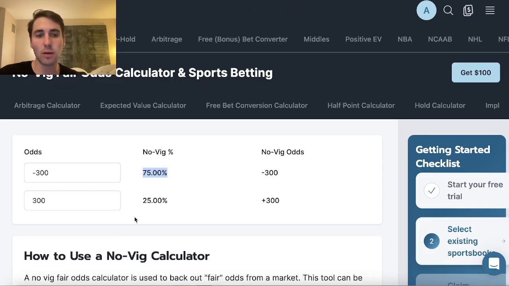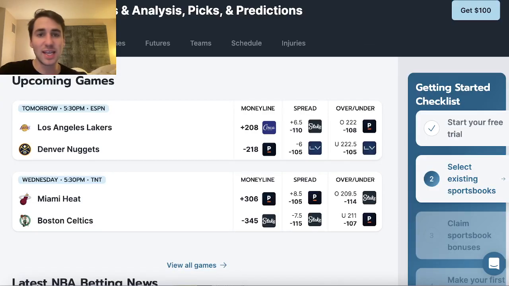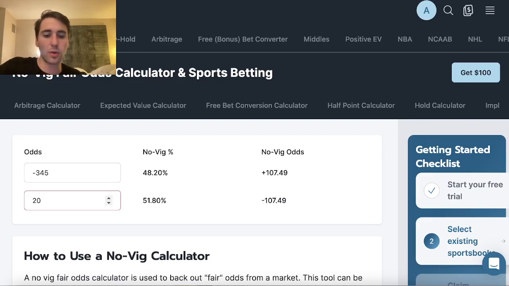But the Celtics are a bit bigger favorites. They're minus 345, and the Heat are best offered at plus 306. So according to the betting market, the Celtics are a bit over 75% to win game one, 75.89%.